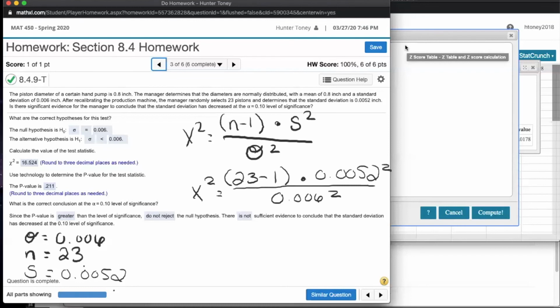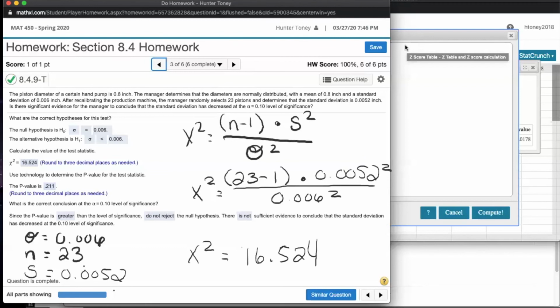So we could calculate here our chi-square value to be around 16.524, which is the same as what you would get from your digital output, which I'll show you in a second.